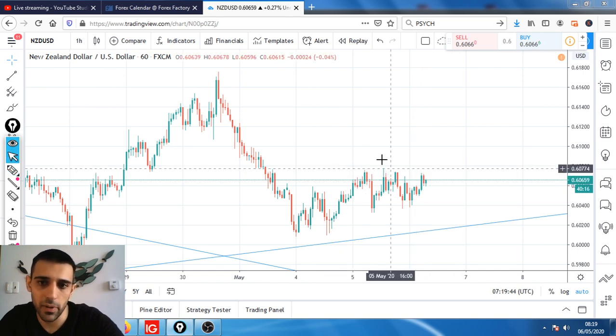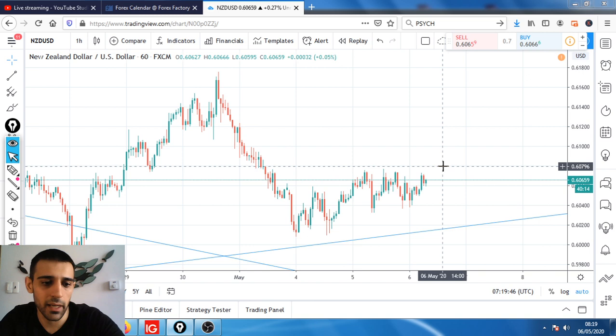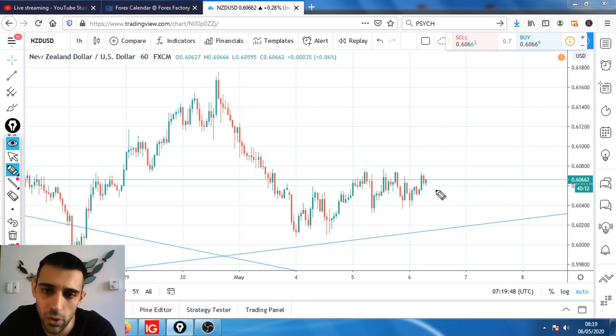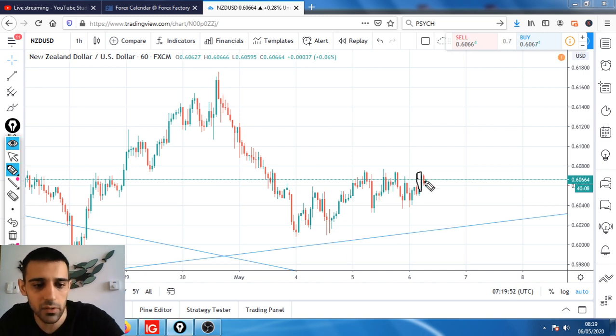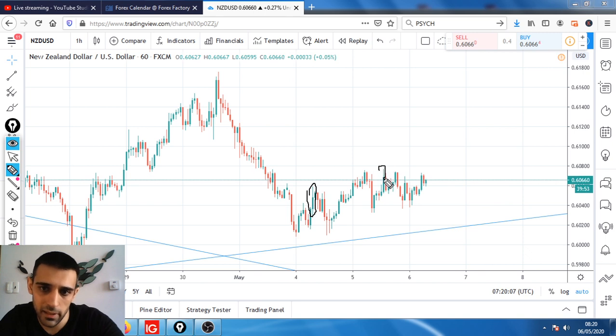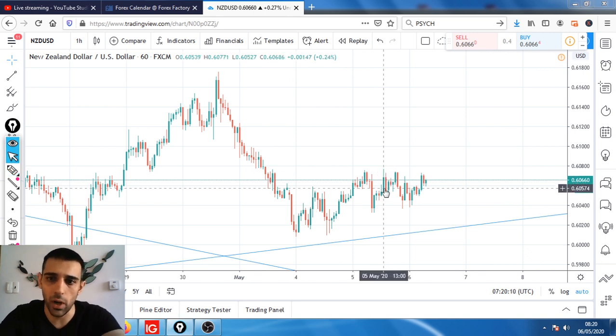So first I want to see the price taking out these highs, and the one thing I do not want to see in this case is the price closing with a strong bearish candle similar to this candle. So I don't want to see any strong bearish close. Ideally the price will leave a nice tail, something like this candle in here. Something like this one would be fine as well.